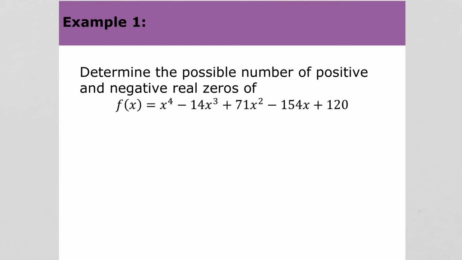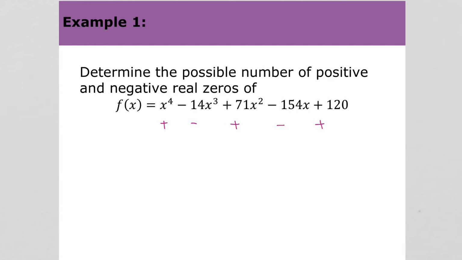So example 1 says, determine the number of positive and negative real zeros of f of x. So what do I mean by sign changes? You have a positive to a negative here. So we've got positive, negative, positive, negative, positive.